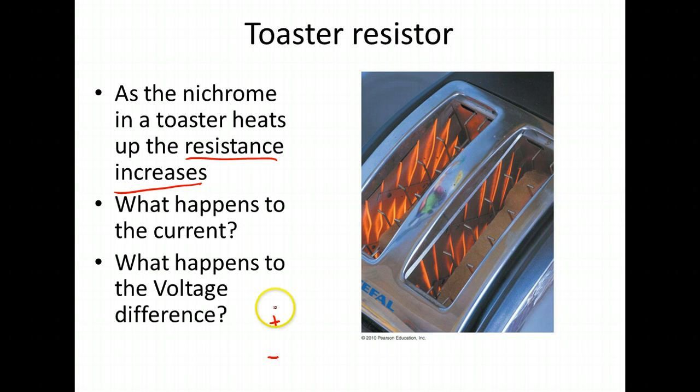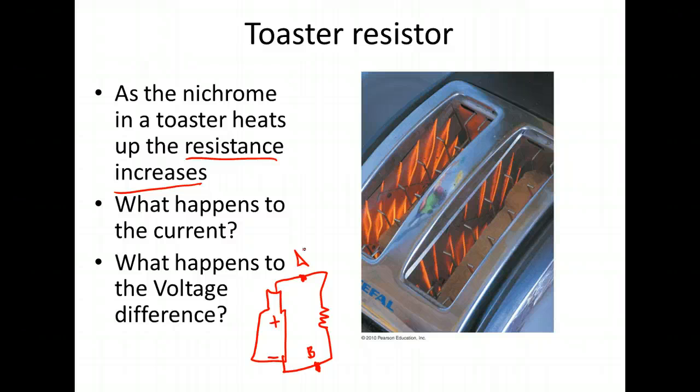We'll say this is a battery-powered toaster. The current on the other side of that decreases. So the current coming out of the toaster is less than the current going into the toaster because of the resistance. Make sense? We're doing okay? Okay, good deal.